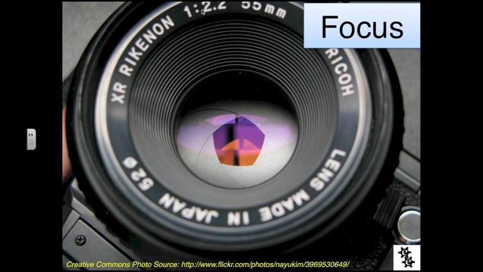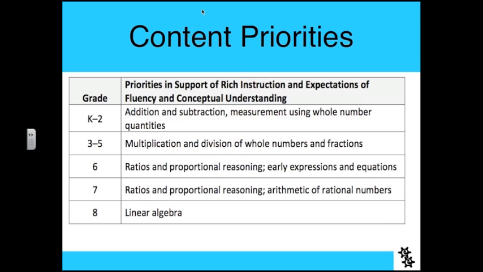And the standards themselves identify what we should focus on. Those priorities are here in this chart for grades K through 8. These aren't the only things that are expected in each grade, but these, it is explained, are what teachers are supposed to focus on in these grades.